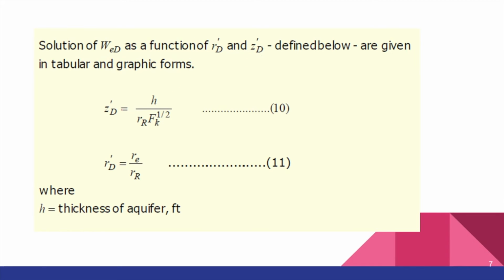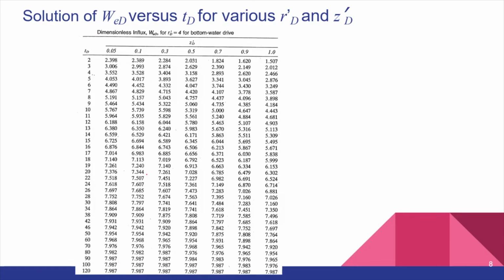So Z prime D is h over Rr Fk to the power of 1 over 2, and R prime D is Re over Rr. And we're going to use the same table. This is for the finite table, and we also have an infinite table.